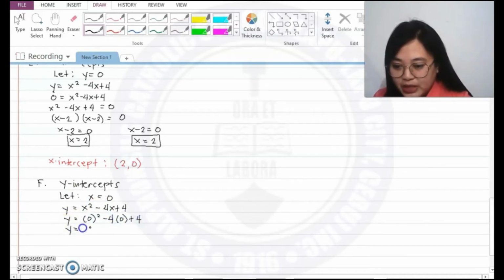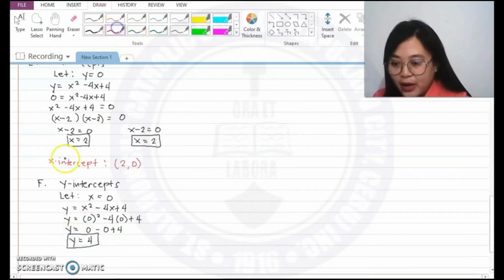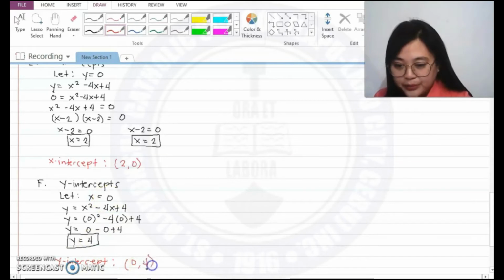That would be 0 minus 0 plus 4, and the final answer is 4. Therefore, there will be only one y-intercept this time. Our x is 0, and our y is 4.